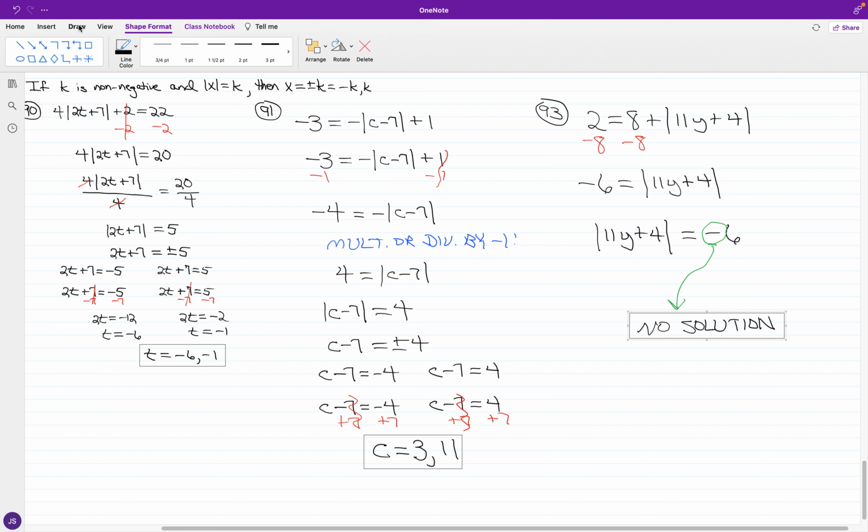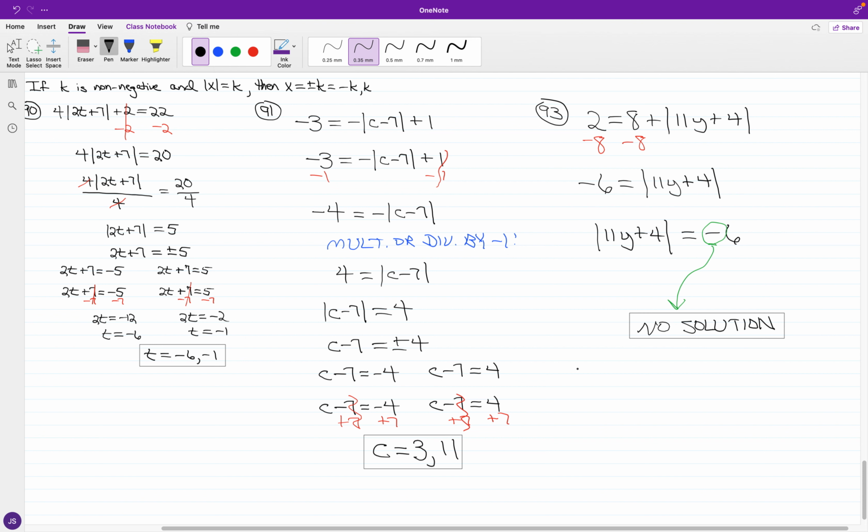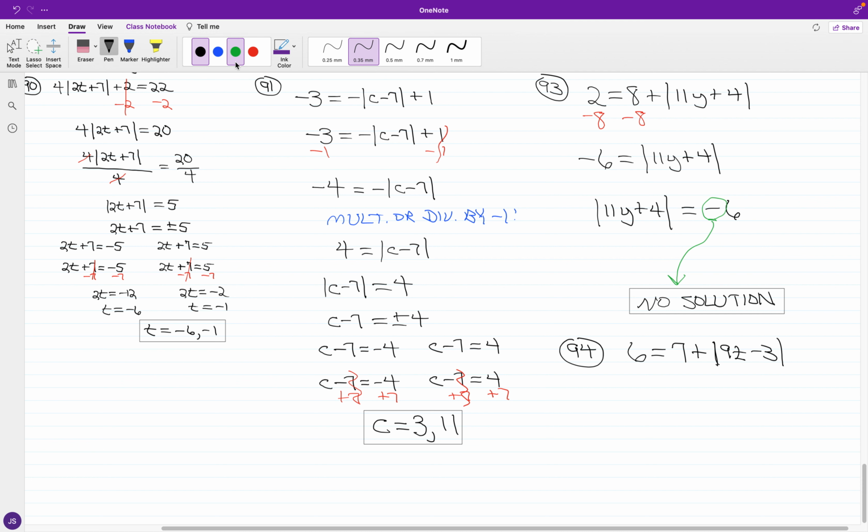And for the case in number 94, okay, so we have 6 is equal to 7 plus the absolute value of 9z minus 3. And so if I isolate the absolute value of 9z minus 3, if I take 7 away from both ends, okay, I have 6 minus 7 is negative 1.